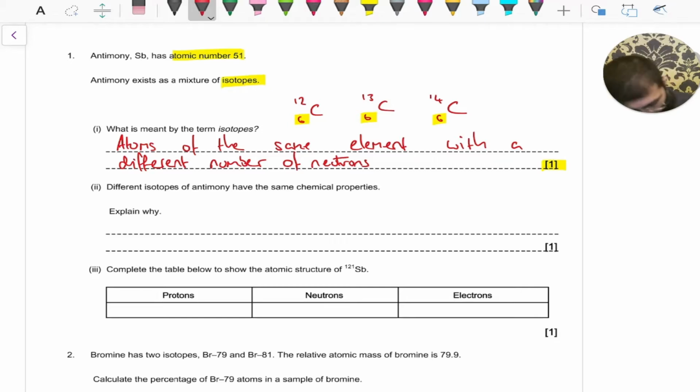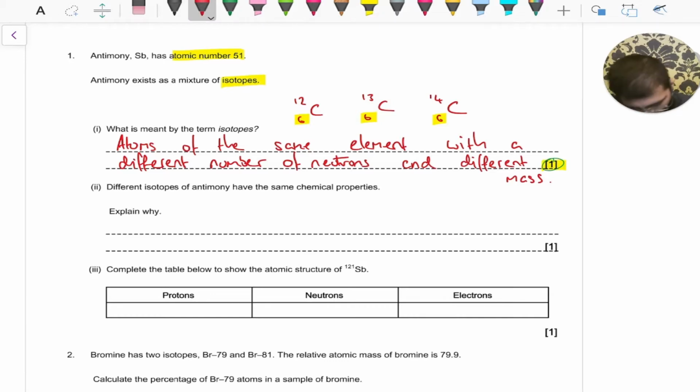So we're going to state atoms of the same element with a different number of neutrons and different mass. Now, you don't need both in this particular question, but it's good to get into the habit of understanding what the examiners are looking for, okay? Sorted. 1 mark, easy. Not a problem.